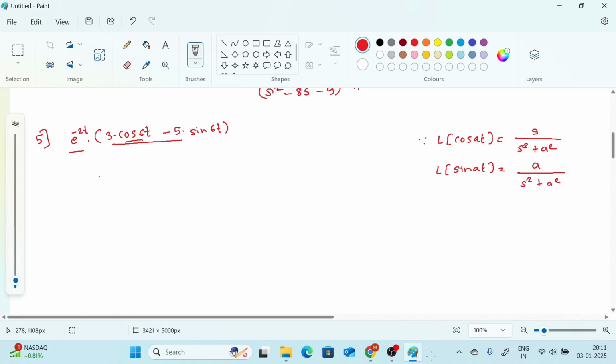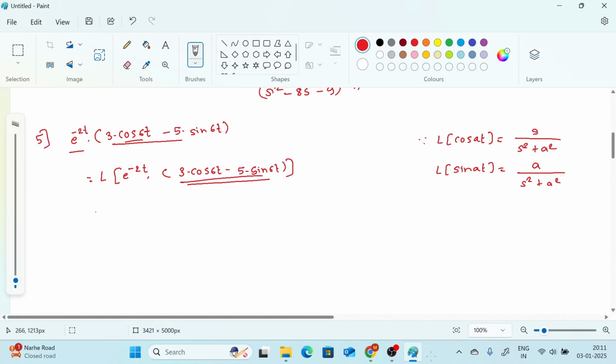So what we need to do, Laplace of e raised to minus 2t into 3 cos of 6t minus 5 sine of 6t. We know the values for cos 6t and sine 6t because it's a standard formula.